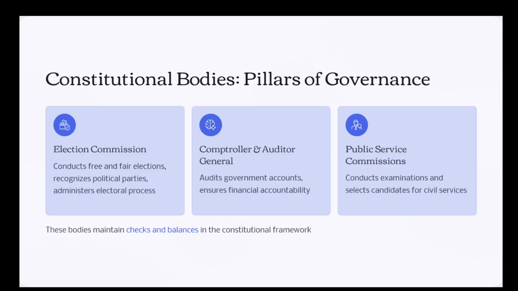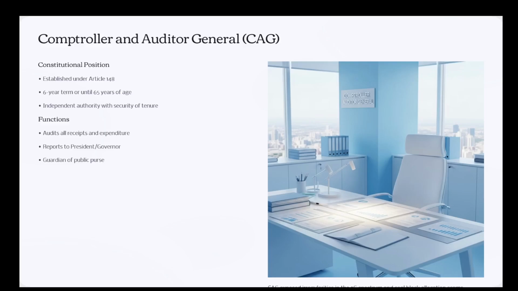The Comptroller and Auditor General audits government accounts and ensures financial accountability. Public Service Commissions conduct examinations and select candidates for civil services. So these bodies maintain checks and balances in the constitutional framework.